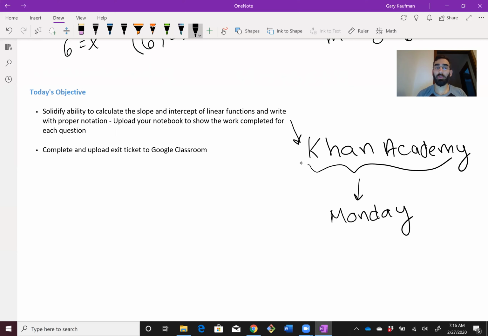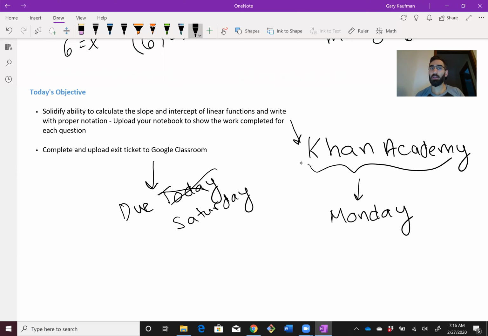Then you're also going to complete and upload an exit ticket. You can do it in your notebook. Actually, we'll make this due on Saturday, just in case of time zone differences. If you have a printer, feel free to print it out.